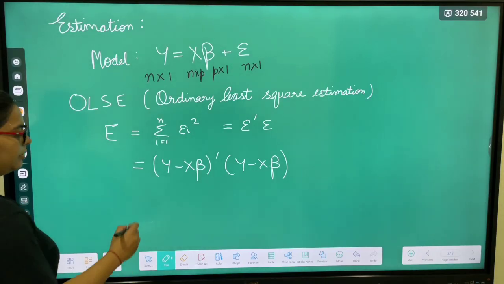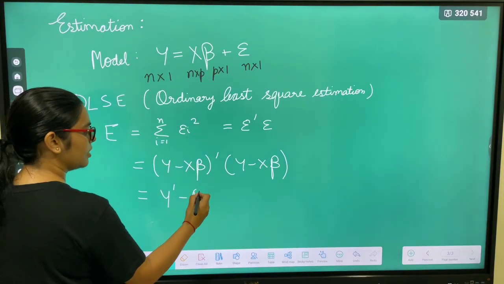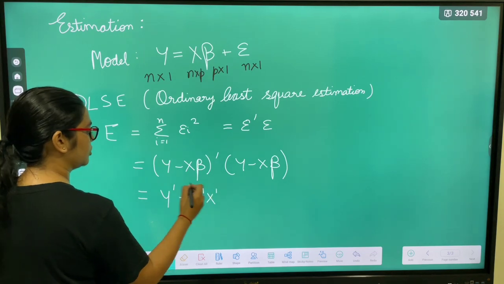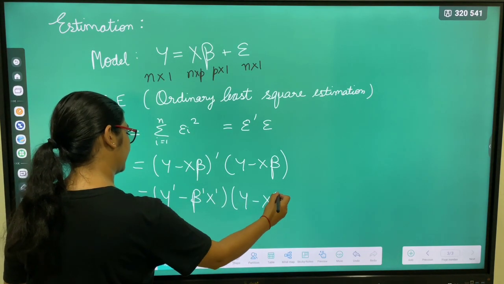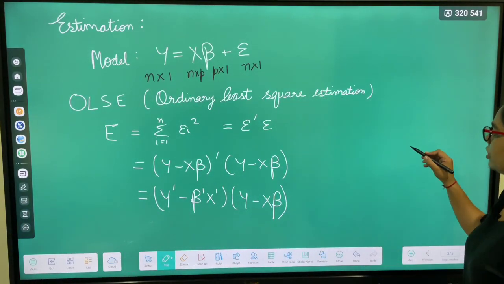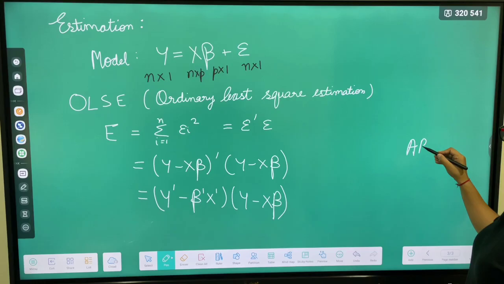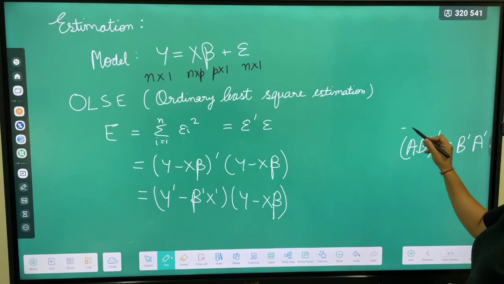Then this can be written as, taking the transpose inside, (y dash minus beta dash x dash) into (y minus x beta). Here the transpose of AB is equal to B dash A dash. This is the property of a matrix.